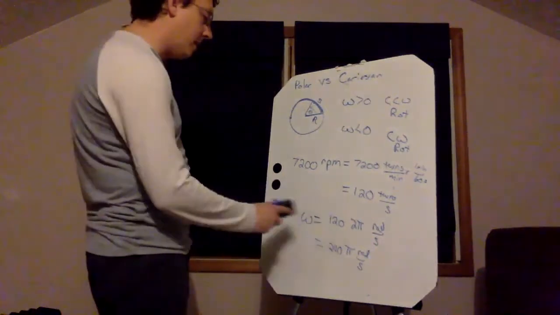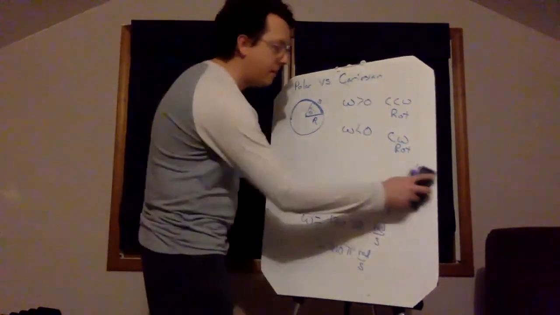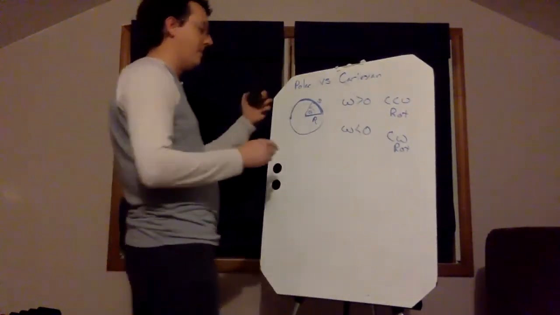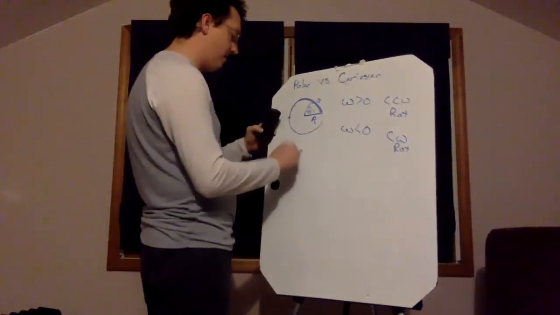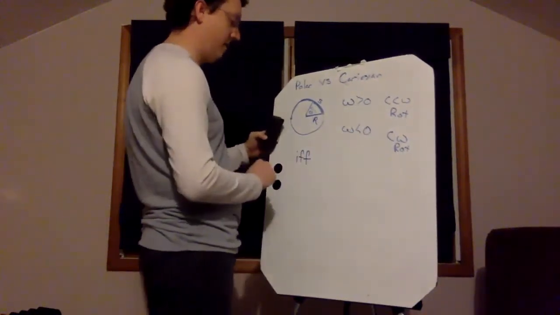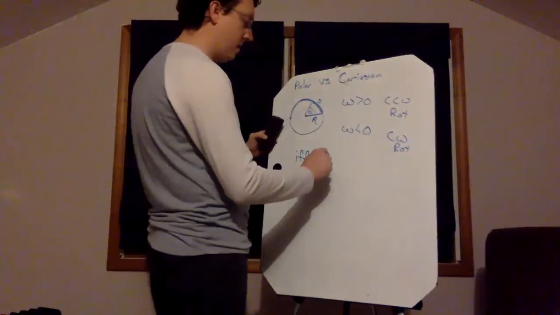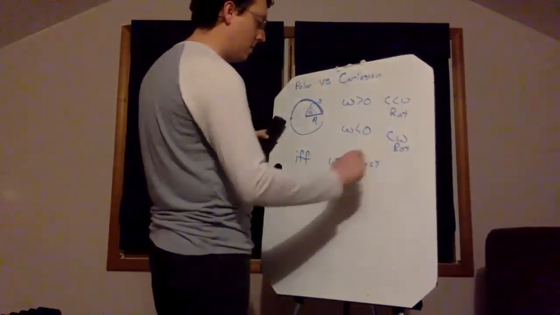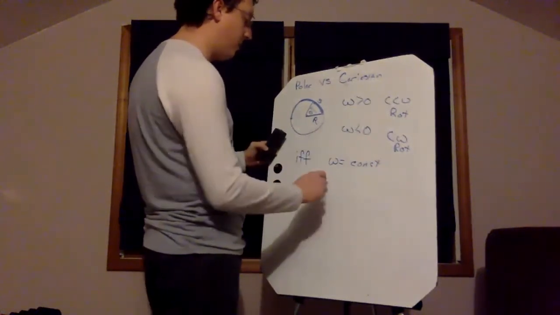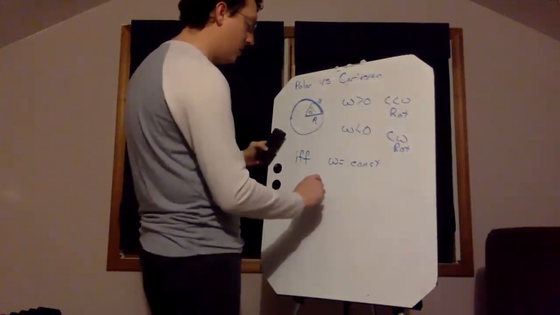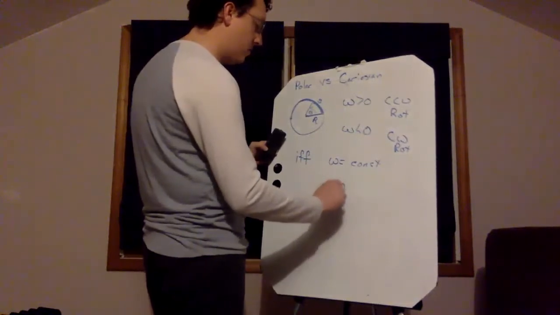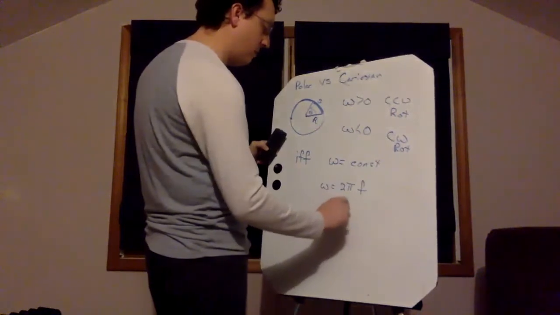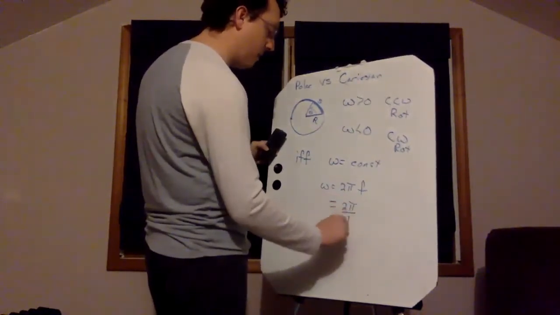One other little thing I want to say is, if and only if, I'm a little hesitant to even say this, but if and only if the frequency or omega is constant, then you can define a steady frequency and you can say that omega is 2 pi times a frequency, which is the same as 2 pi divided by the period.